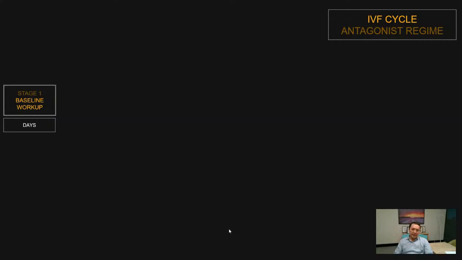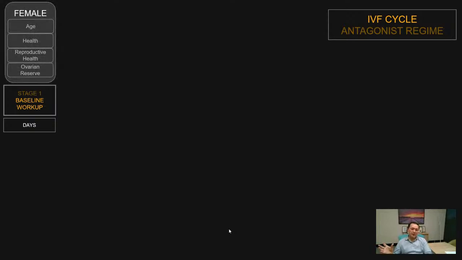Then we will go into each of the stages and discuss each of the steps within the stages. When we discuss baseline workup, which is the first stage of IVF, which I think is the most important, most crucial stage of IVF, we will discuss investigation for female infertility. We will discuss the role of age, health, reproductive health and ovarian reserve, for example.